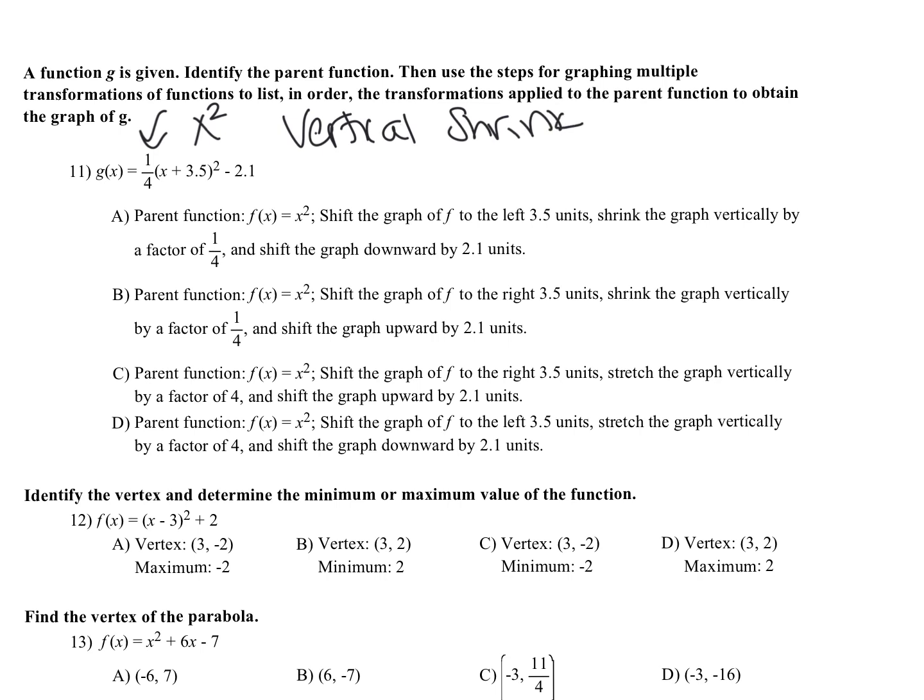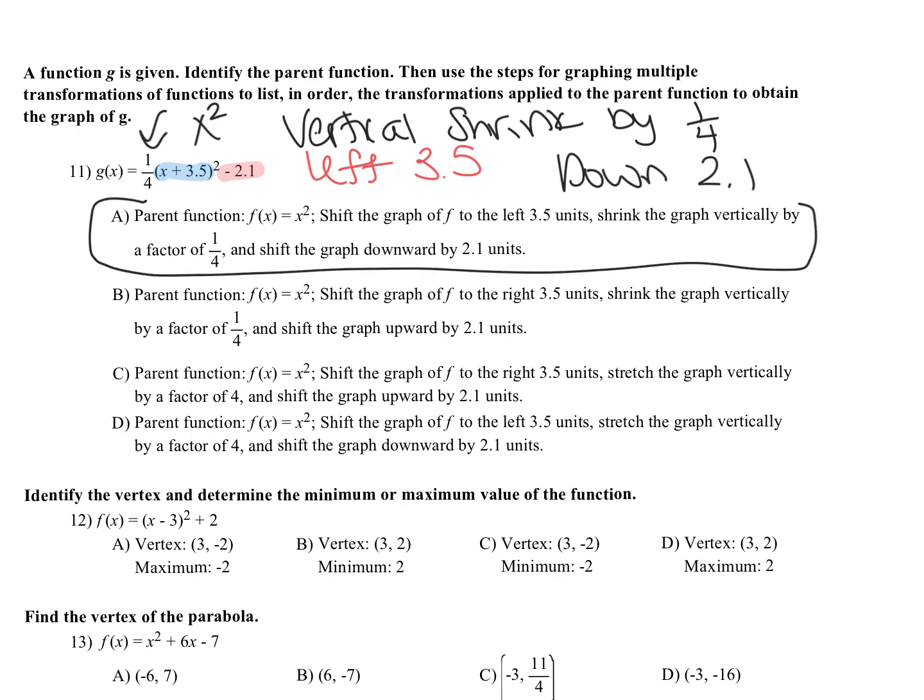If it was greater than 1, we would call it a stretch. So it's a vertical shrink by 1/4. The x plus 3.5 simply moves the graph to the left 3.5. And then the minus 2.1 moves the graph down 2.1. Okay, so I'm just looking for that description in my answer choices, all right? So I read each one, and eventually I realize that it's A.